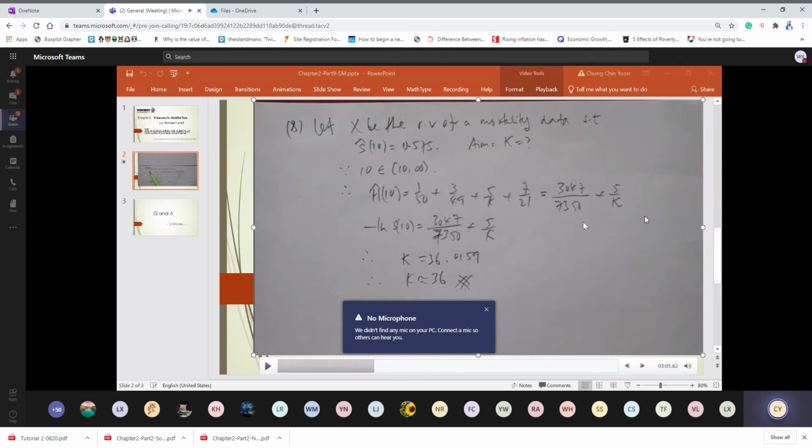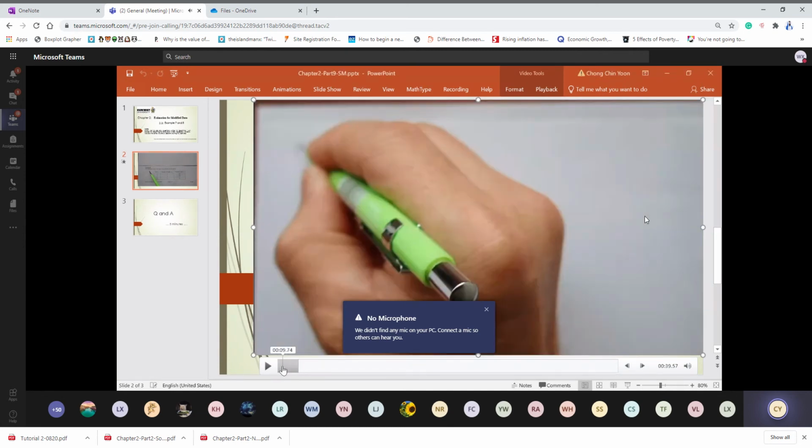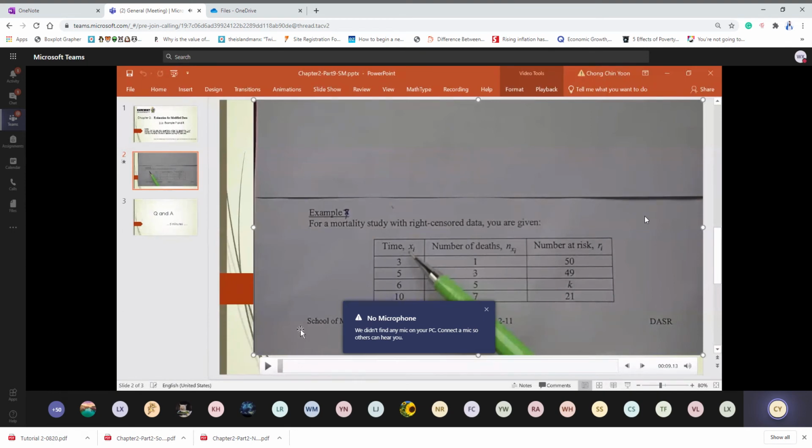Now, this question, okay, go back to the question. The question is only given this. You don't ask whether the question needs to involve truncation or censoring. We don't bother about this, because whether you have it or don't have it, we don't care, because the risk set value is already given.